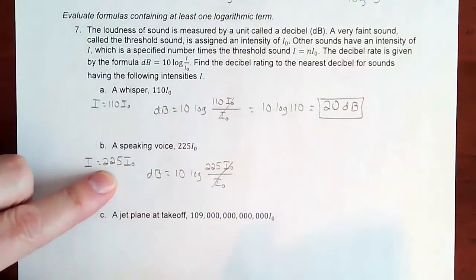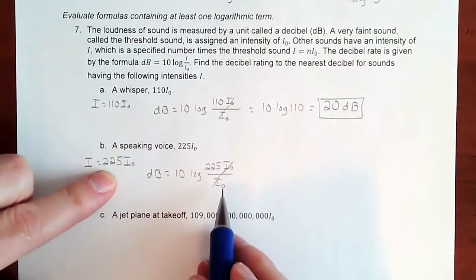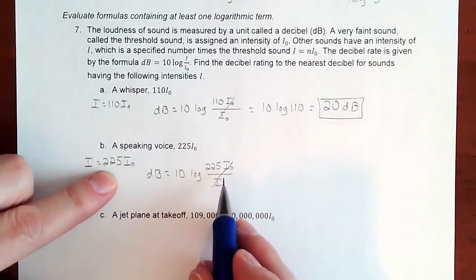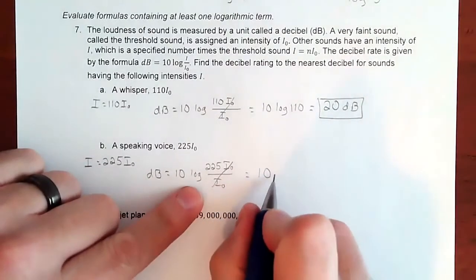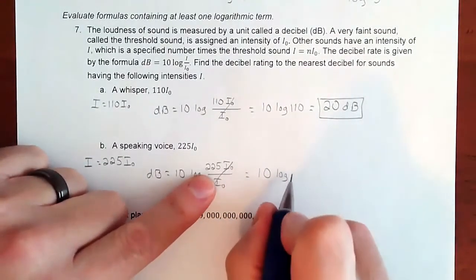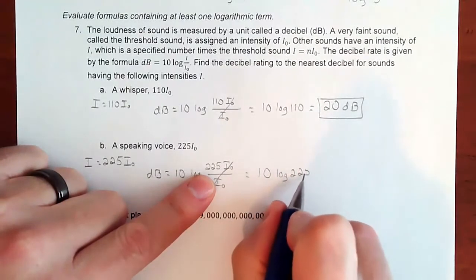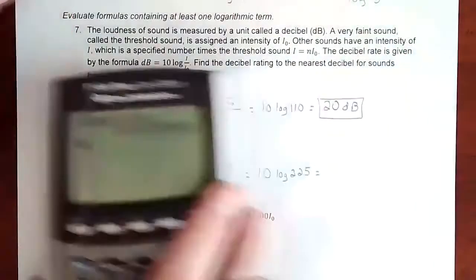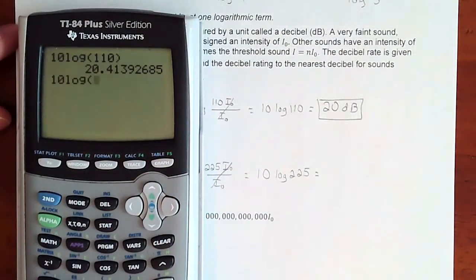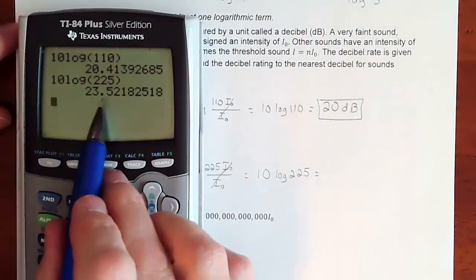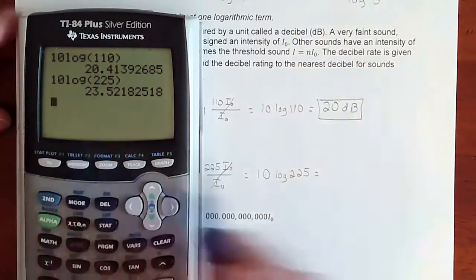If you've noticed, this is going to happen every single time, where these are going to go away. So we're really just left with taking 10 log 225. And that is about 24 decibels for regular talking.